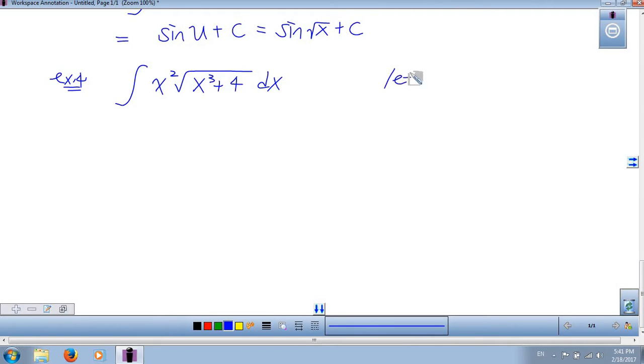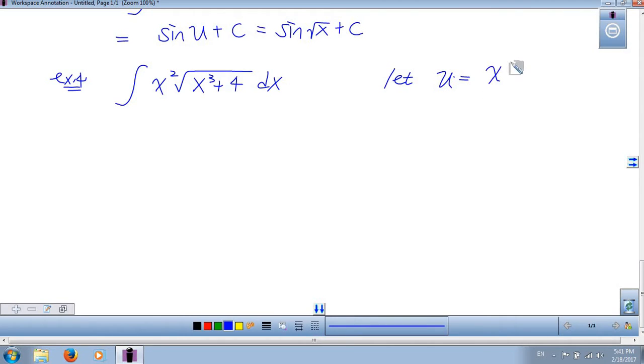So I would think that I want to let x cubed plus 4 be equal to my u. However, you might say that's not going to work because the derivative of x cubed plus 4 is 3x squared, but I only have 1x squared. Well, we can actually make that work.